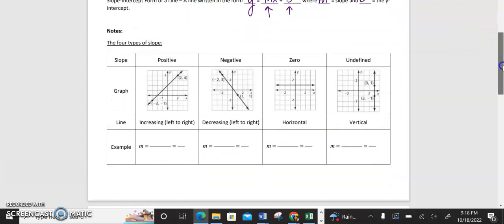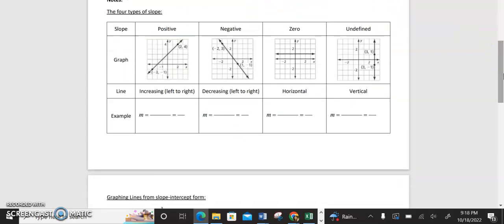There are 4 types of slope. Slope can be positive, and when we have a fraction that's positive, we have a positive number on top and a positive number on the bottom, or a negative number on top and a negative number on the bottom.